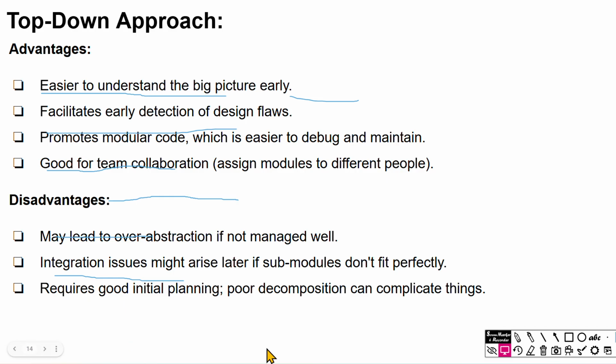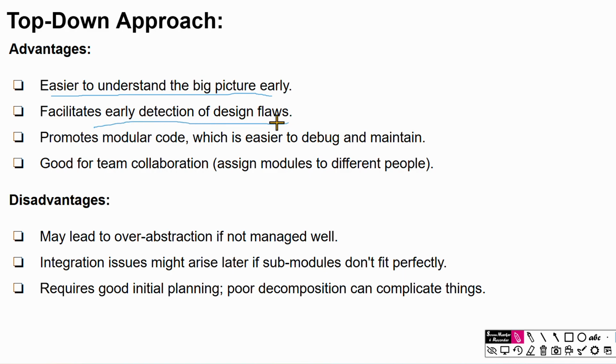Next, we have the advantages of the top-down approach. First one, it is easy to understand because the big picture we already know. The main program, we already know what we are taking and what output we are giving. So when you are writing the main program itself, we will understand if there are any defects.